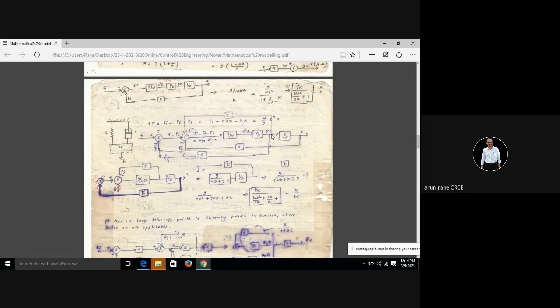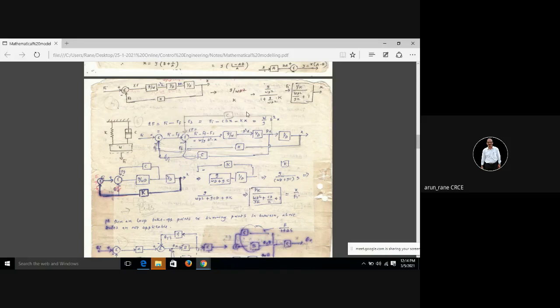There are two ways. You can show it from here, or if you want to avoid this summing point, if you want to show only one summing point, that is also fine. You can show Ff at one summing point itself.